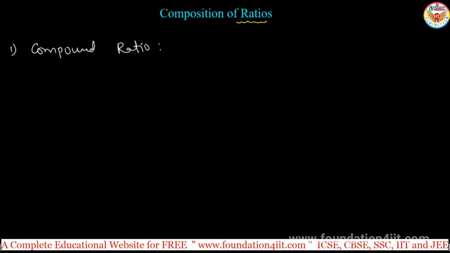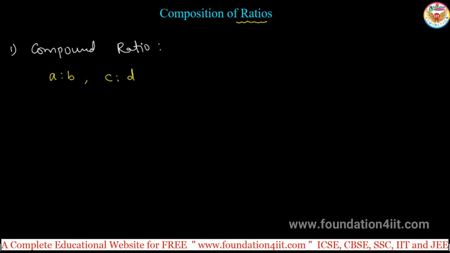In this compound ratio, there are two or more ratios. It is the ratio between the product of their antecedents to the product of their consequents. Let us take A is to B as one ratio and C is to D as another ratio.